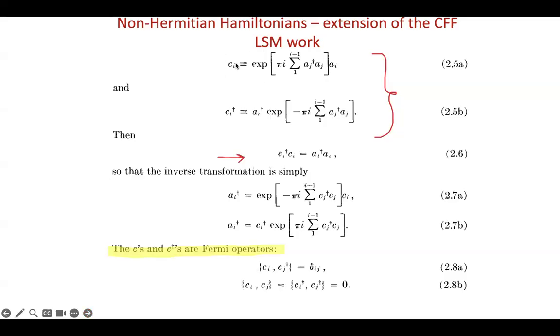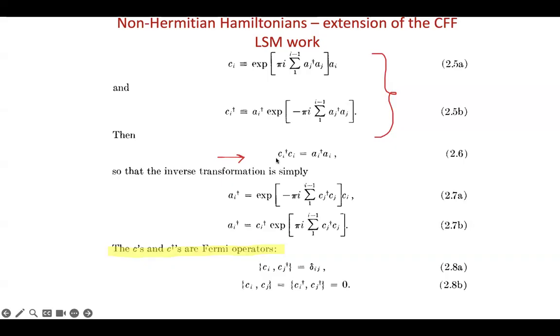So the C_i, the new operator, is defined basically as a Fourier transform of A_i. It's not really a Fourier transform, but it is similar to a Fourier transform. Some quantity here, presumably a scalar quantity, acting on A_i. And similarly, C_i dagger is the same thing with the complex conjugate. These two mean the same thing. It's just the complex conjugate of one and the other.